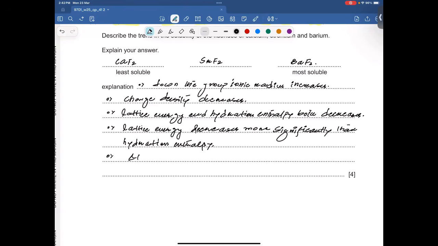So the standard enthalpy change of solution becomes more exothermic, and therefore solubility increases.